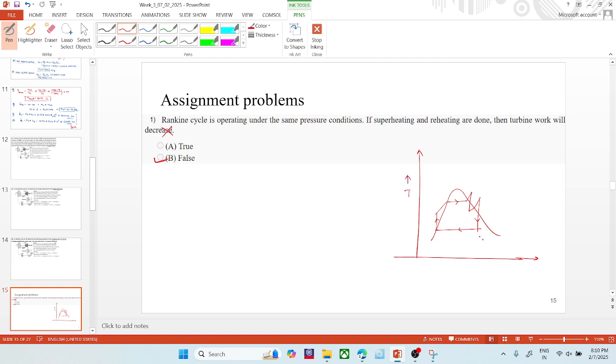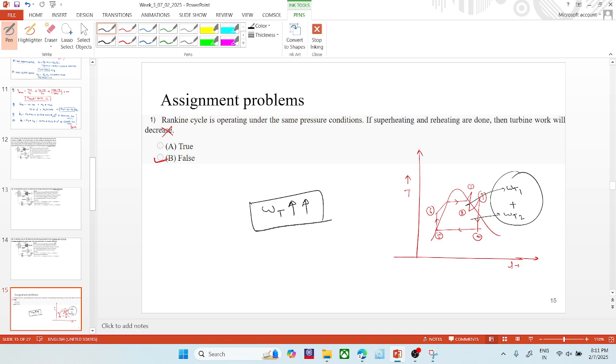Okay, so this is temperature-entropy, with points 1, 2, 3, 4, 5, 6. Here we will get the turbine work from point 1 to 2, WT1, and point 3 to 4, WT2. So this will be added, so net turbine work would increase, not decrease.